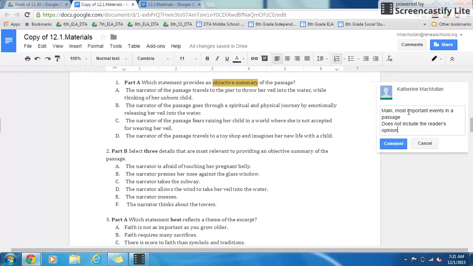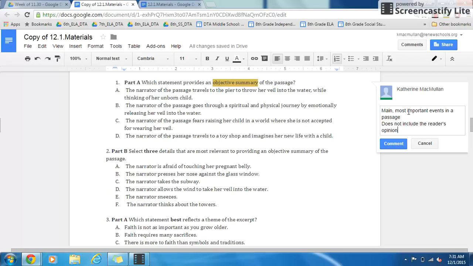It doesn't describe a character in any specific way unless it says so in the passage. It doesn't call a character fearful or foolish or angry unless it specifically says that in the passage, because that's the reader's opinion.